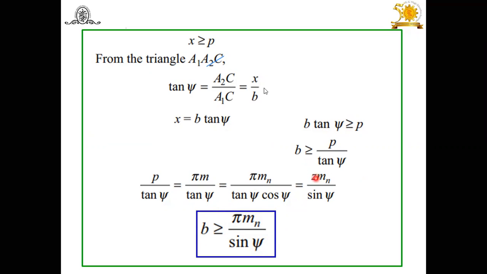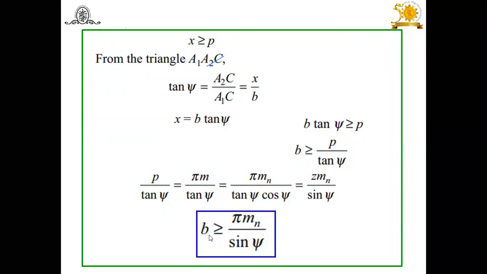It's a mistake in the book, I have taken it directly. If possible, I will change it here. This z that we have to replace here by pi. Okay, no problem.